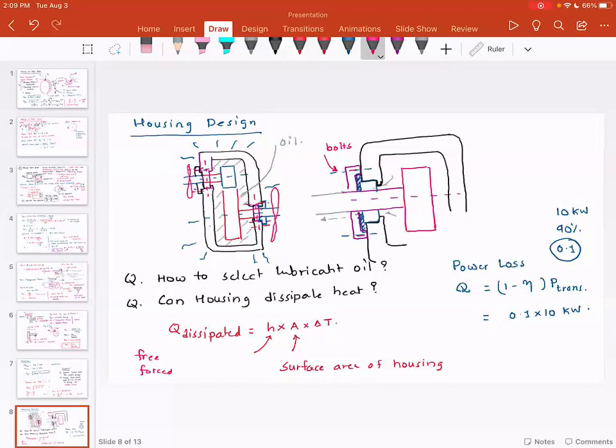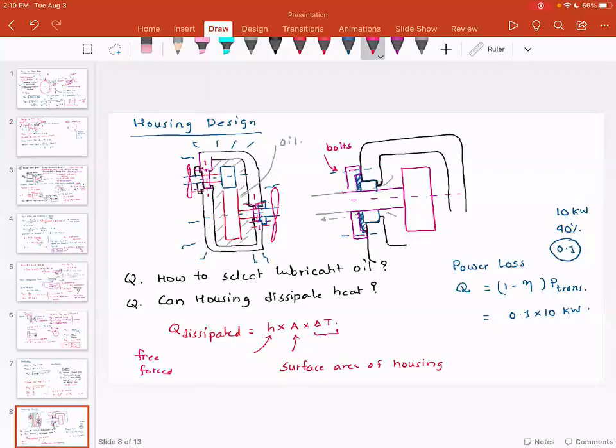Same thing here: you can either have a fan if the heat dissipation needed is high, or if you don't have a fan, it is just free convection. The free convection coefficient and forced convection coefficient can be found from a design data book, and we'll work out a problem wherein the convection coefficients are given.